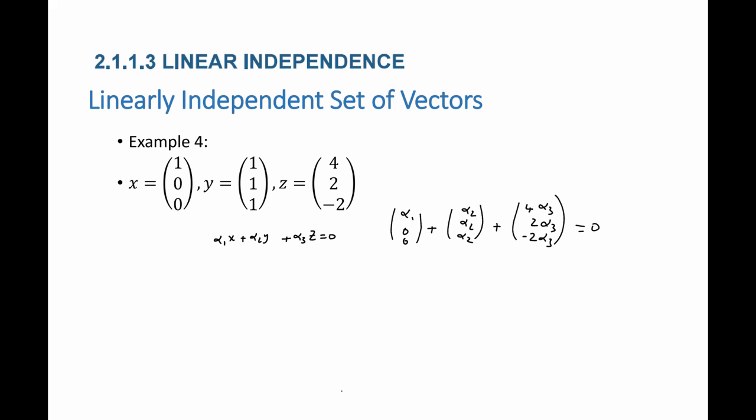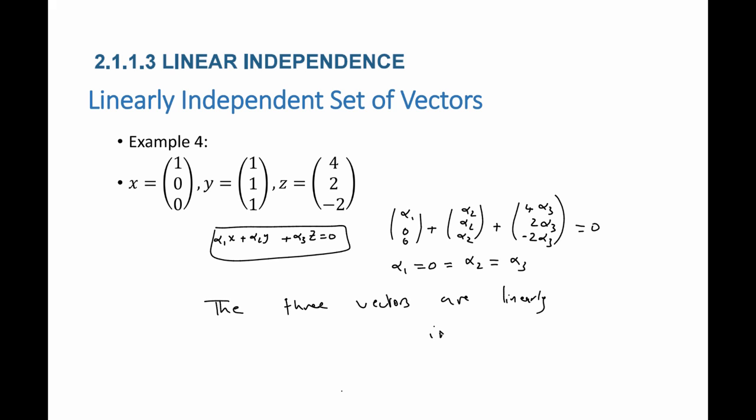And if I try to solve this equation, you will find that alpha 1 has to be equal to 0, and so do alpha 2 and alpha 3. All these alphas have to be 0 for this linear combination to be equal to 0, and therefore the 3 vectors are linearly independent.